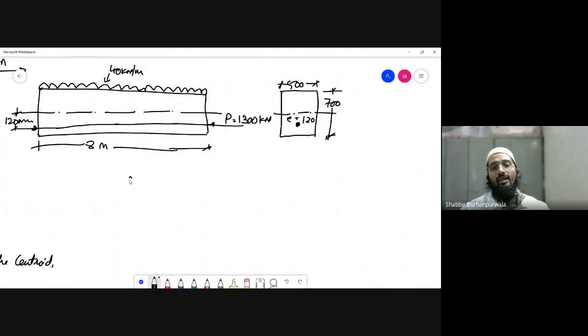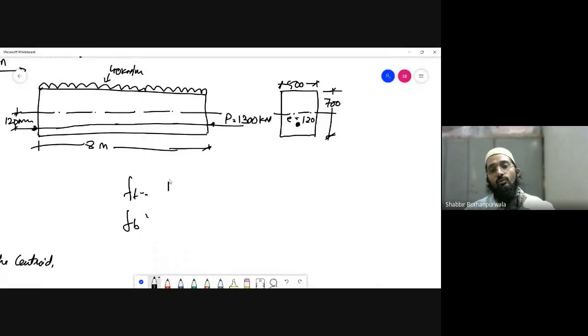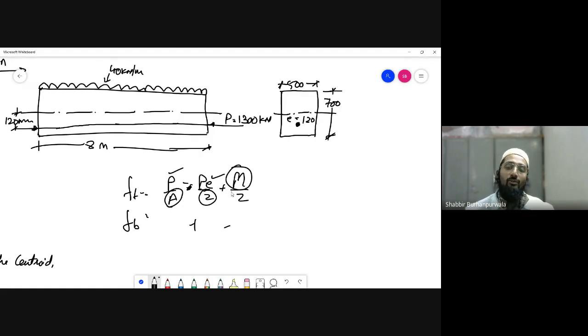I have to calculate the value of ft and fb, which is the top fiber stress and bottom fiber stress. अगर ये मुझे यूज करना है तो मुझे फॉर्मूला है P by A प्लस Pe by Z प्लस M by Z, जो भी रहेगा प्लस या माइनस, तो माइनस रहेगा नीचे. इसमें से P का वैल्यू मेरे पास में है, इसेंट्रिसिटी का वैल्यू मेरे पास में है, एरिया I don't know, Z I don't know, मोमेंट I don't know. These are the values I need to calculate.